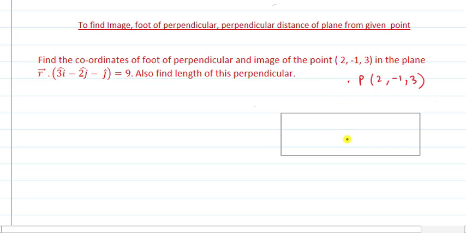So, let me draw this perpendicular and image as well. Here is the image, let me say P dash of this point, and suppose alpha, beta, gamma are the coordinates of this image of point P. And suppose this is point M, which is simply the foot of perpendicular of P on the plane.